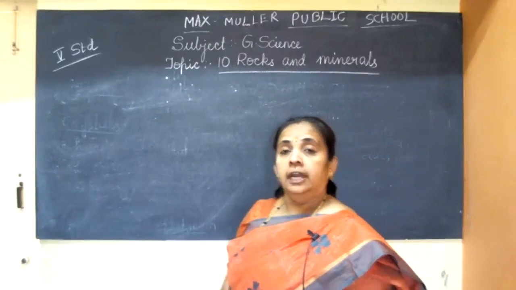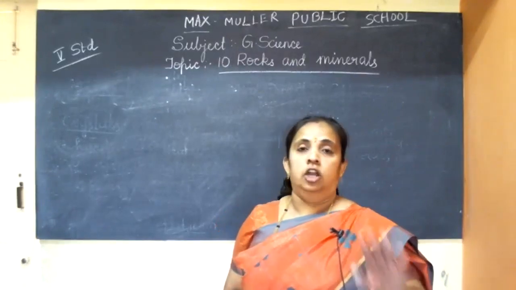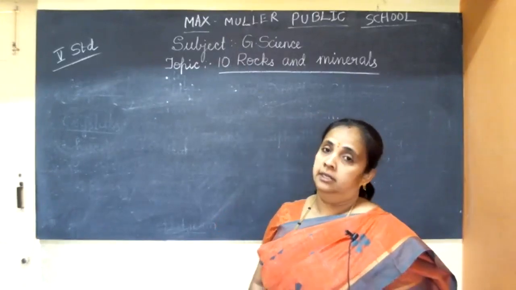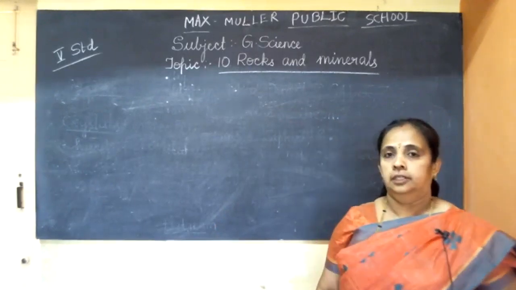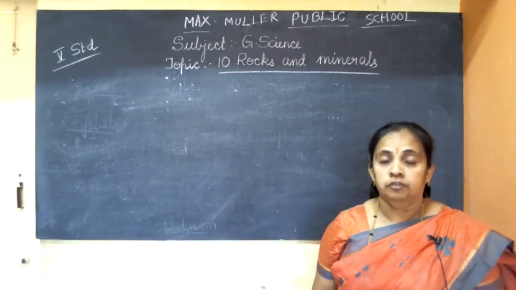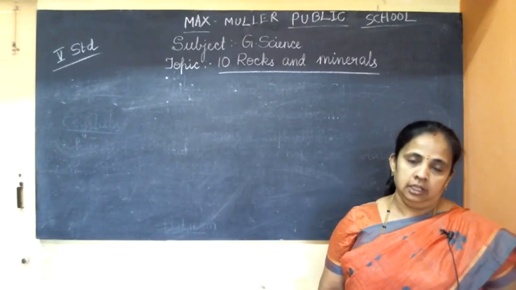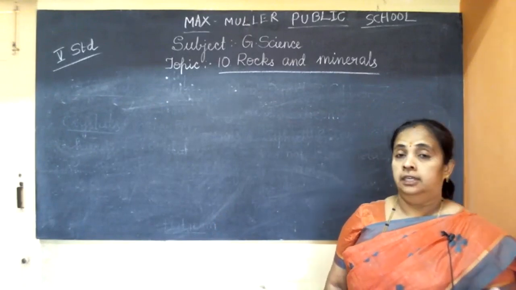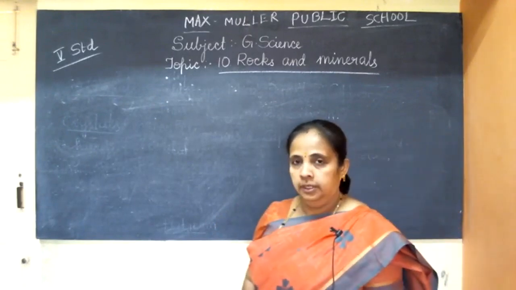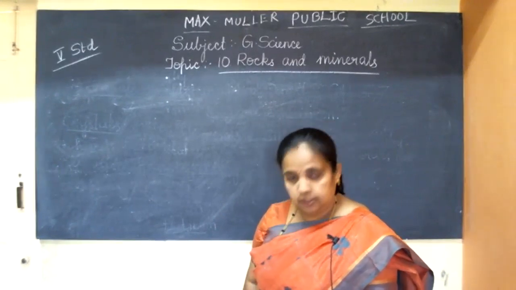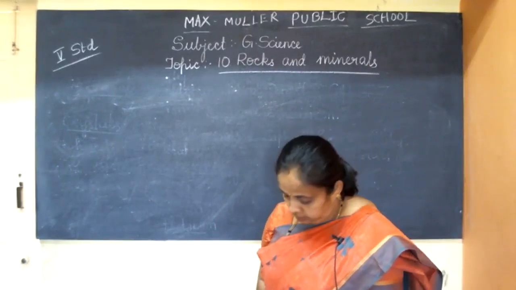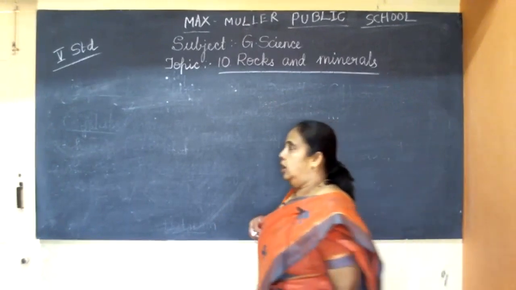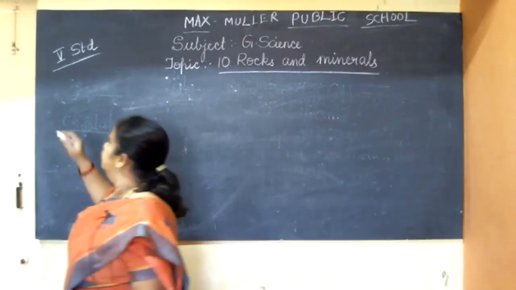So along with that, I told that it is not only the sediments that are responsible for sedimentary rock, even the remains of dead plants and animals are also there, is it not? So in the sea, the dead plants and animals will be there. So they are also responsible for sedimentary rocks, is it not? So what are they called? They are called fossils.